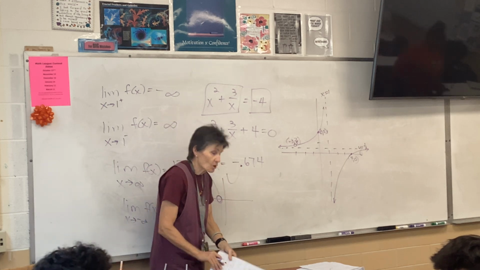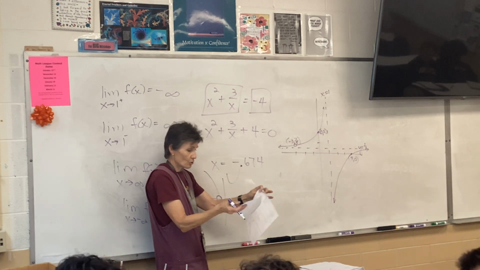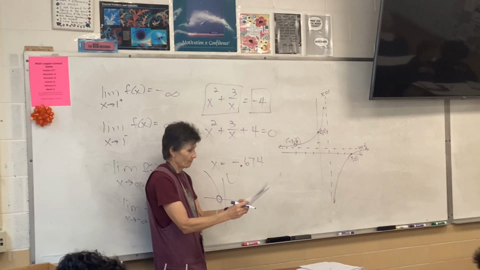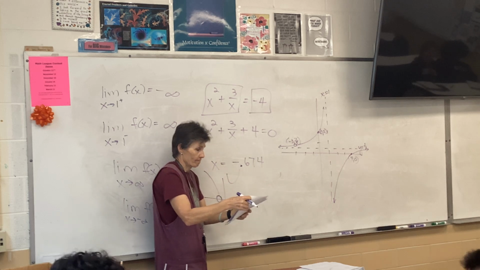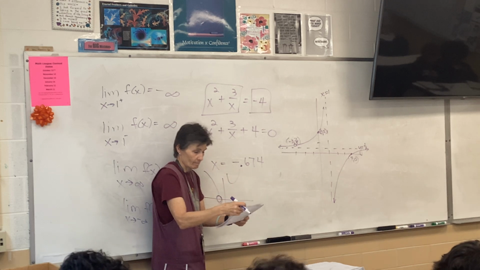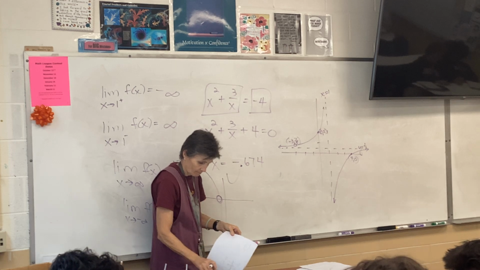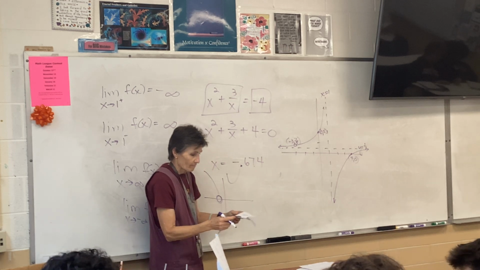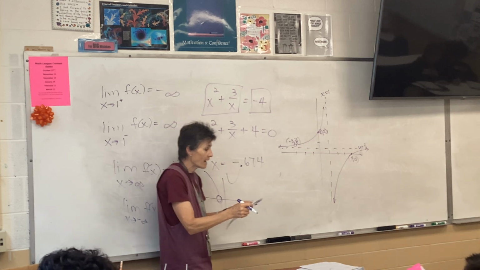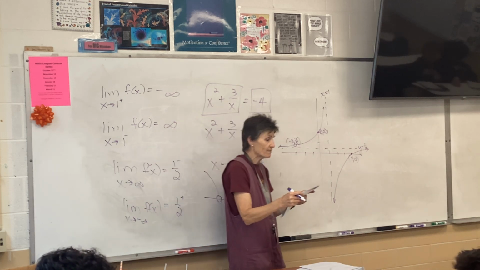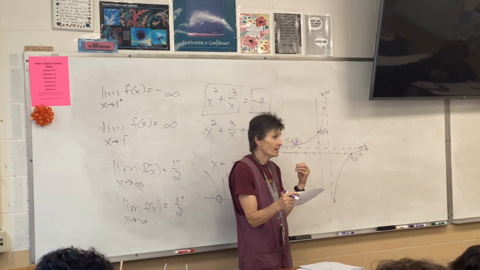Okay, so that was one review. Now, turn to page 5. Page 5 says review, and then it's got a whole bunch, 2.6, 2.8.